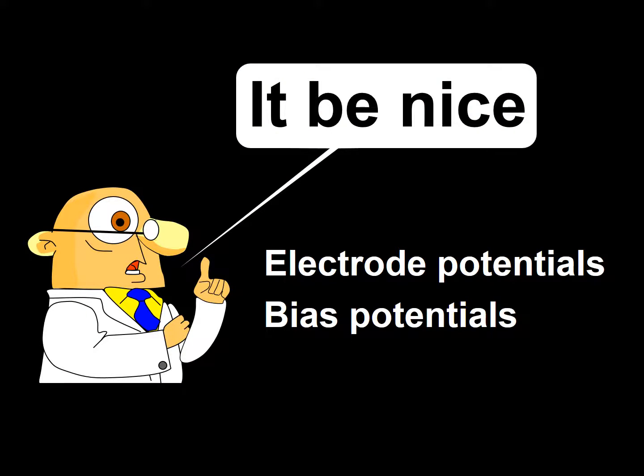It would be nice if all neurophysiologists would agree on the meaning of electrode potentials and bias potentials. Most neurophysiologists that I have heard talking about these terms, few in number, I would have to say, do not draw an ironclad distinction between them.